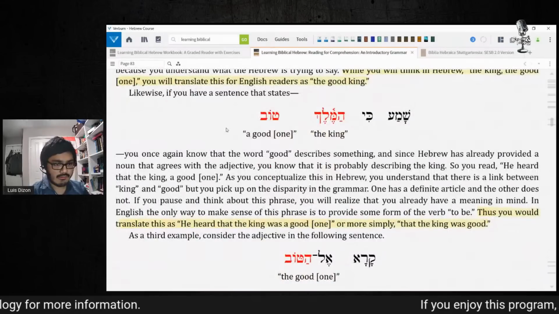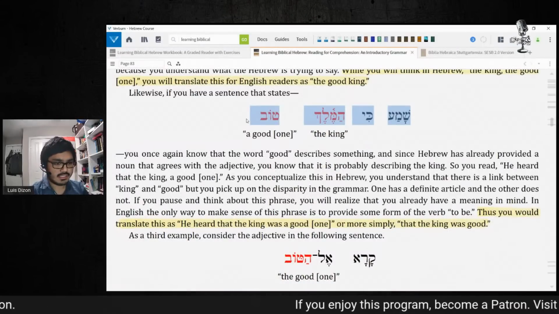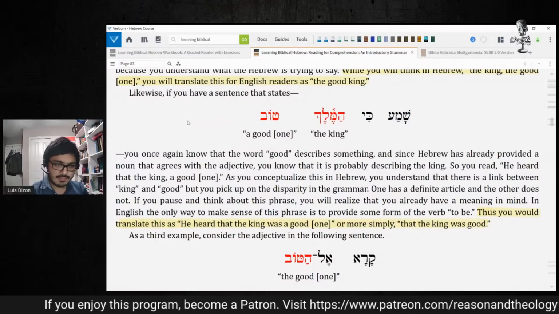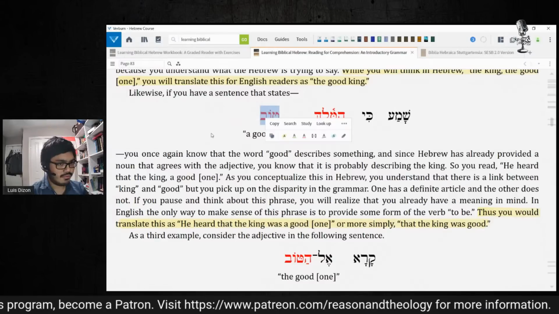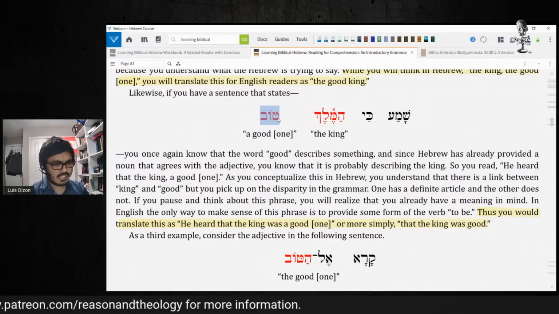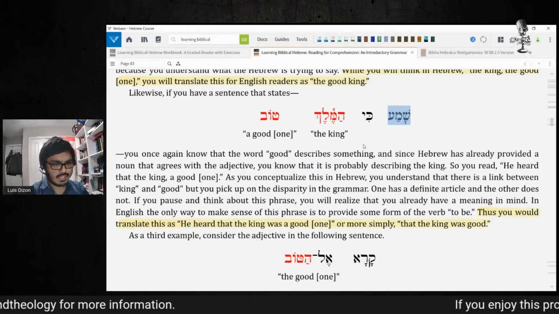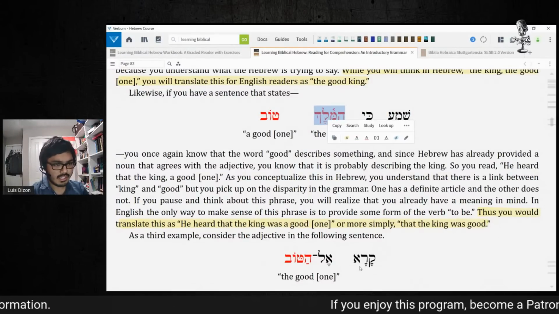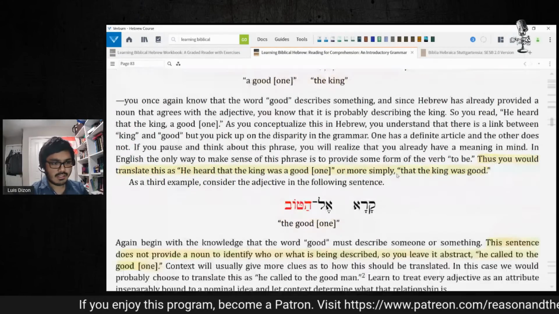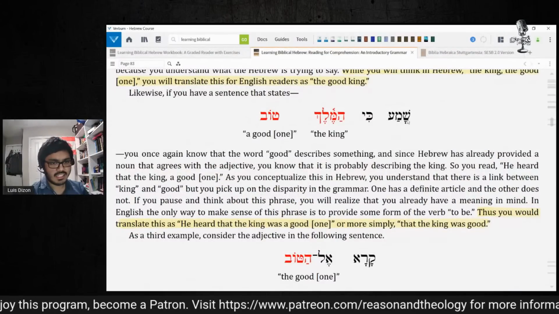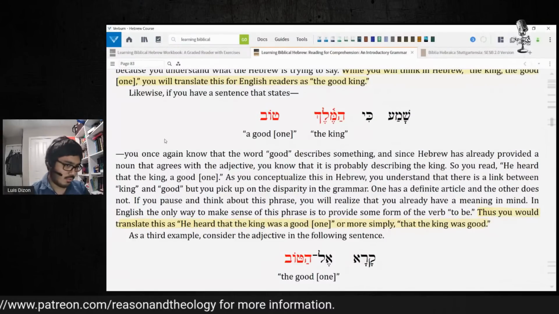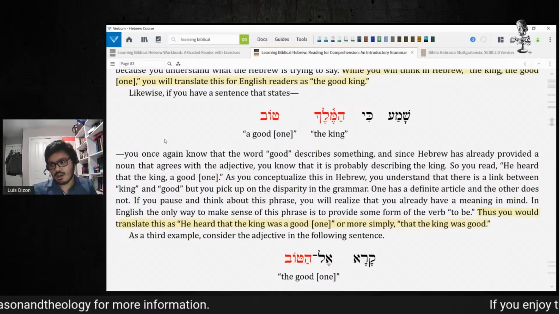So here is a different sentence. Shama hamelech tov. Okay. So here notice that the word tov, even though it is modifying the word king, does not agree with it in definiteness. So shama, he heard, that, the king, tov, good, a good one. In good idiomatic English, you would translate this as he heard that the king is good. Hebrew doesn't exactly have a copula.